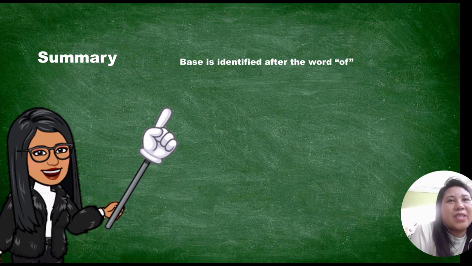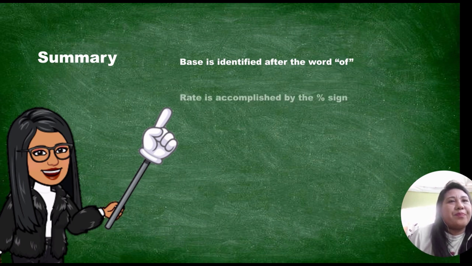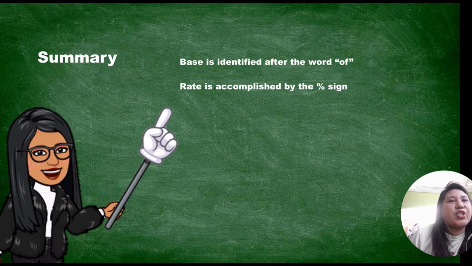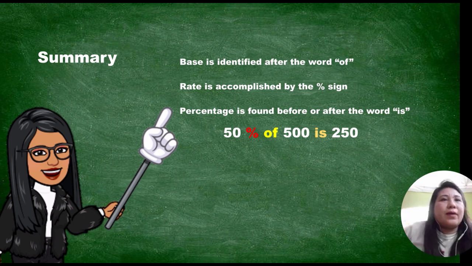Let's have a summary of all our discussions. So base is identified after the word of. Rate is accomplished by the percent sign. Percentage is found before or after the word is. So in 50% of 500 is 250, as we said, base is identified after the word of.